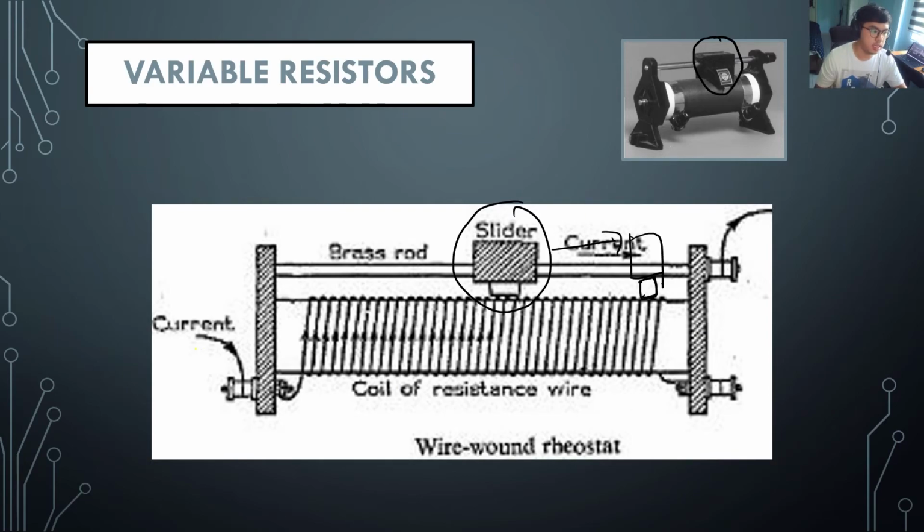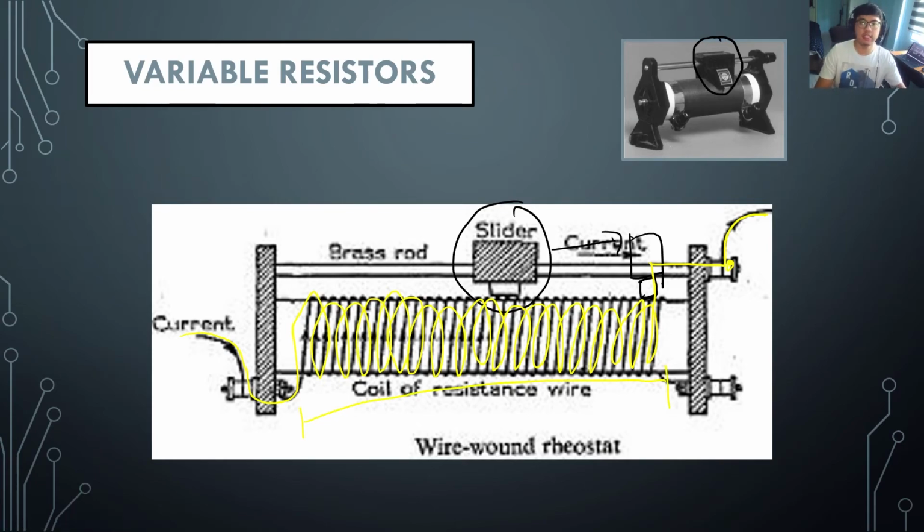What this does is when the current flows through this variable resistor, it will have to travel a long coil of wire. So the wires are longer up until it reaches the slider, and then it goes up and goes out through this other point here. Because the wire is longer in this case, the current has to flow through a longer distance of wire.